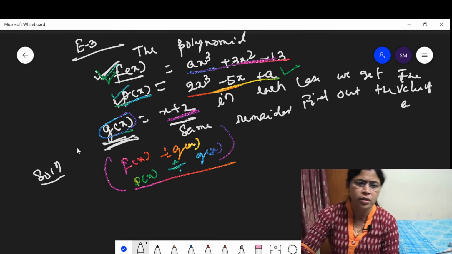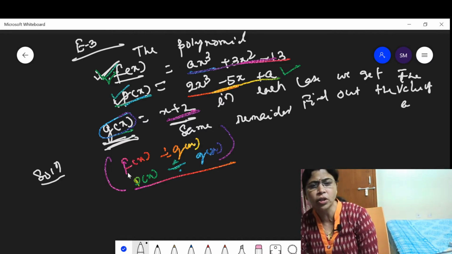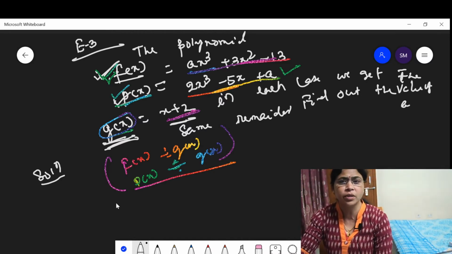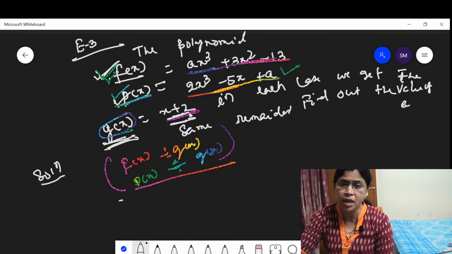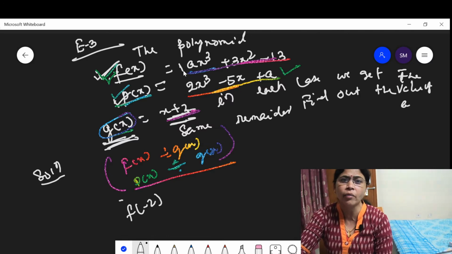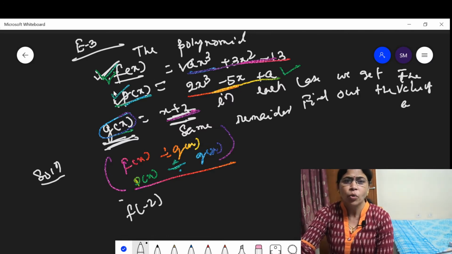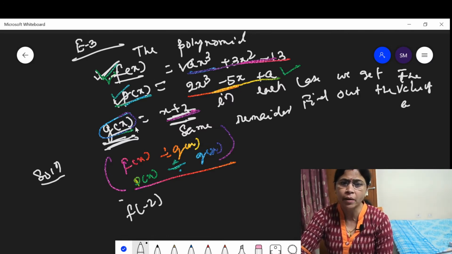Now let us recall the remainder theorem. Whereas g(x) is x plus 2, this means f of minus 2 is the remainder when f(x) is divided by g(x).